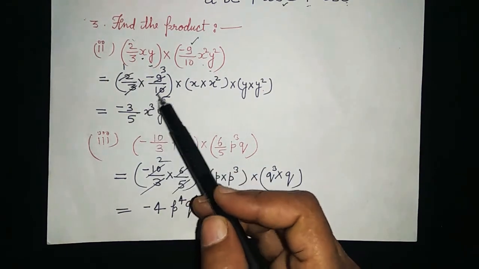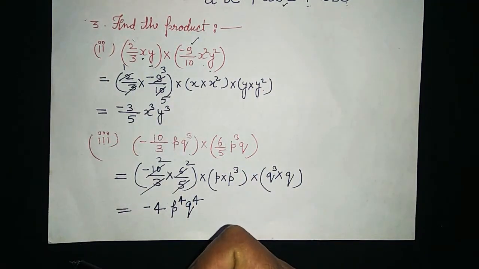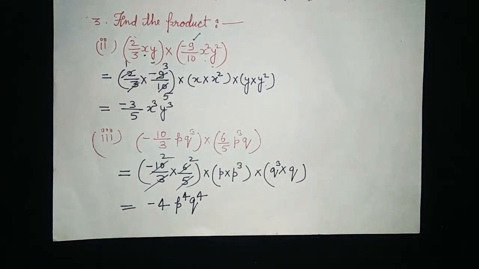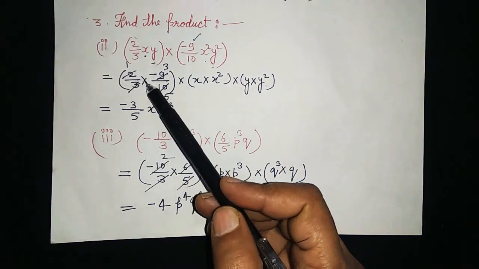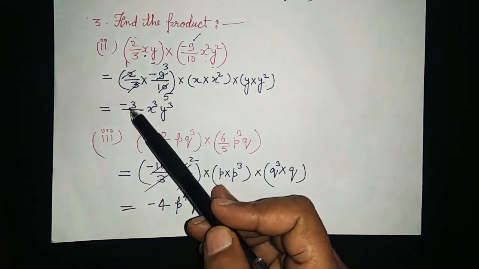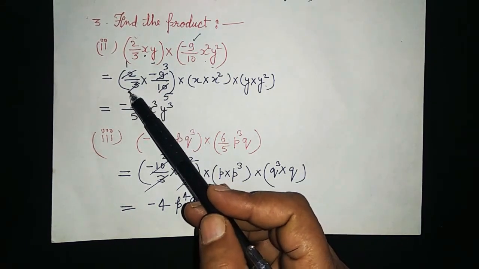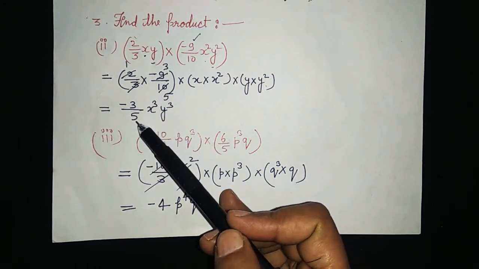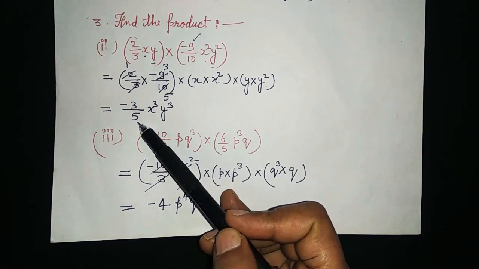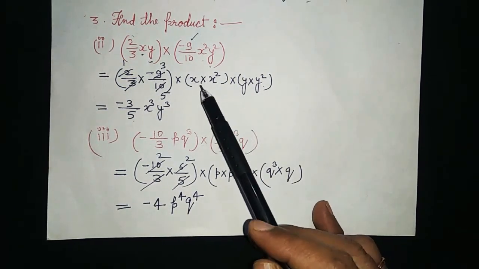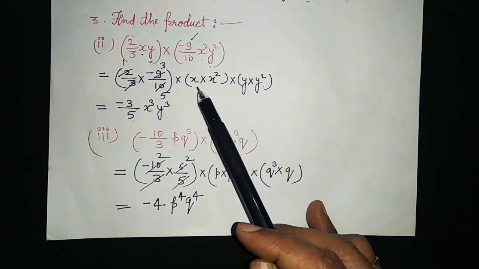2 1s are 2 and 2 5s are 10 will come. And here 3 1s are 3 and 3 3s are 9. Now 1 into minus 3, what will we get? Minus 3. And in the denominator, what will come? 1 into 5, 5 will come. Now here we will do multiplication of literal factors.